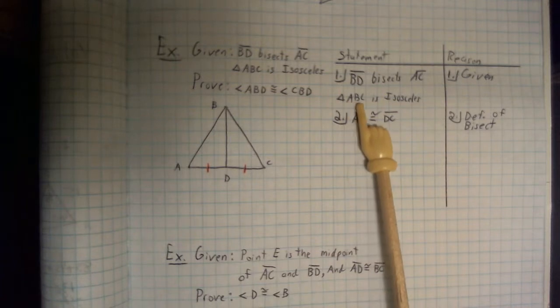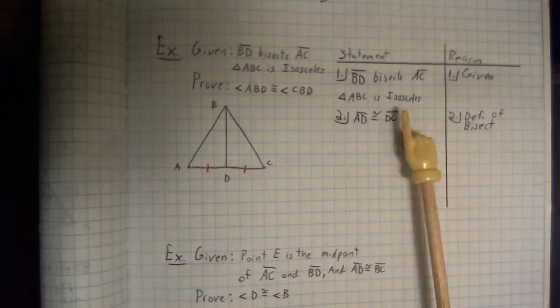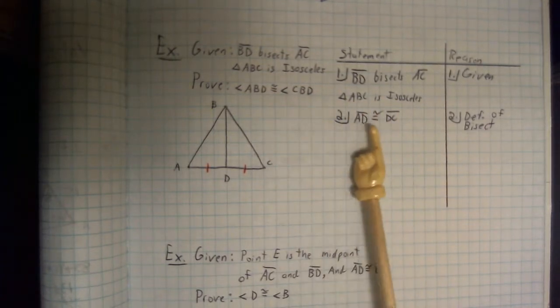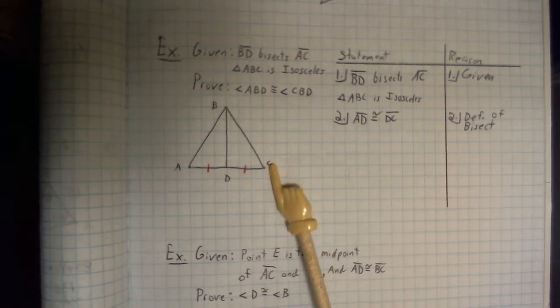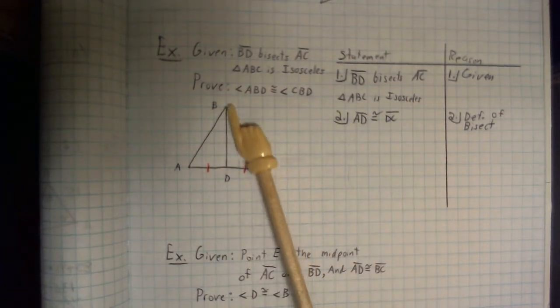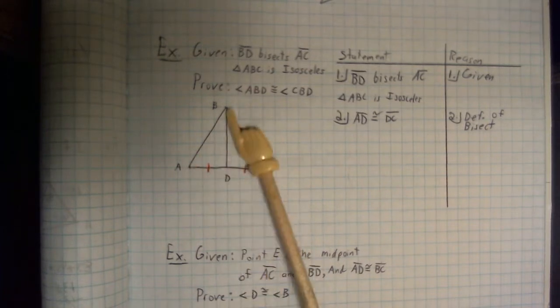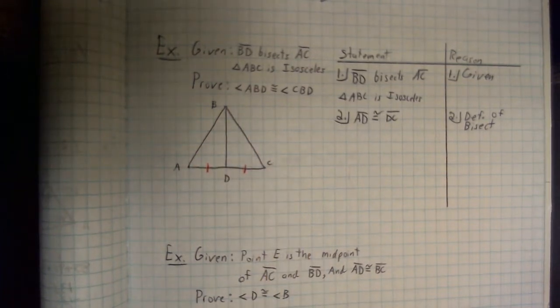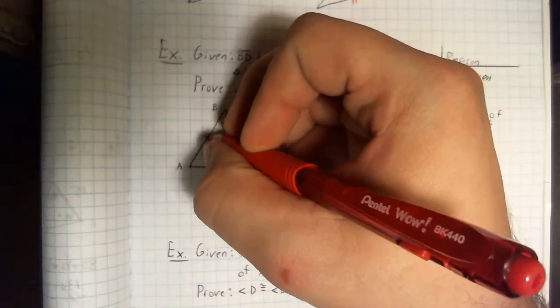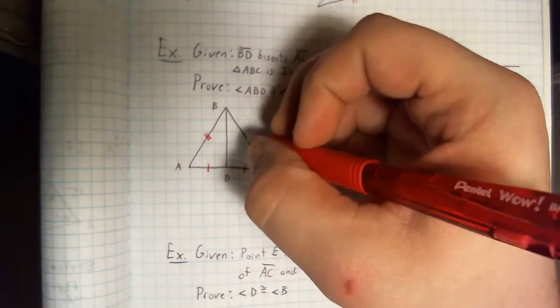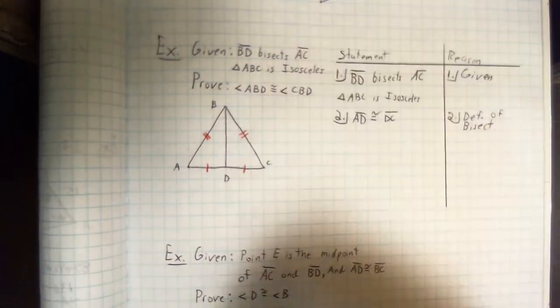It tells us that triangle ABC is isosceles. Well, think about what it means to be isosceles. It means that we have two congruent legs. Okay? We have two congruent legs. So I know that AB is going to be congruent to BC.